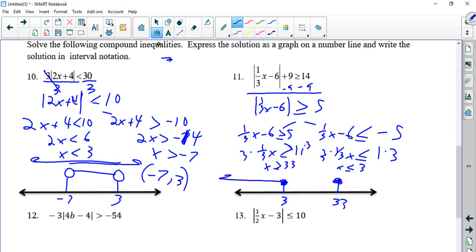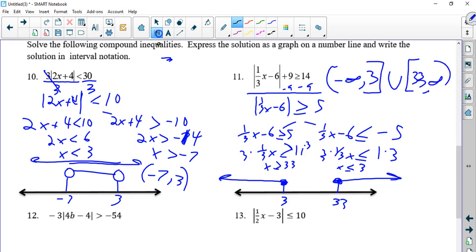Less than 3 goes this way, and greater than 33 goes this way. And then as an interval notation, I'm going to write it up here. Negative infinity up to and including 3, union, because I have 2 of them, 33 up towards positive infinity. That's a comma. There you go.